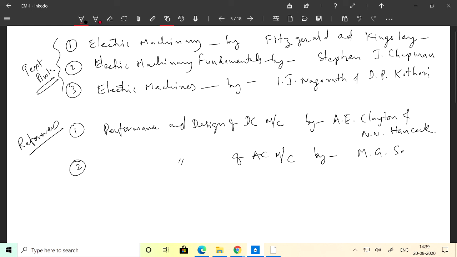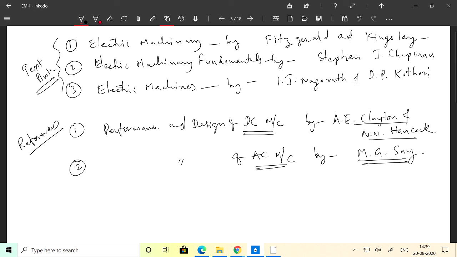So these are the 5 books altogether, 3 textbooks and 2 references. You need to follow them. Clayton and Hancock is for DC machines and MG Say is for AC machines.